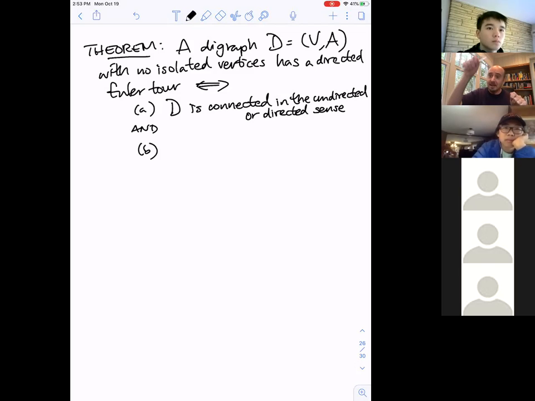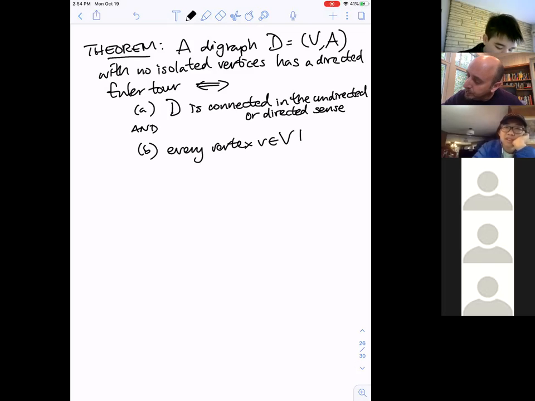Any two vertices have a directed path from V to V prime and back from V prime to V. Those are three different notions of connected for digraphs. Some digraphs have one but not the other. They're related by implications. But in the case where you have condition B, they turn out to be all the same.